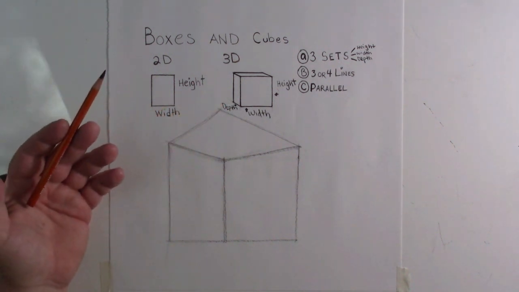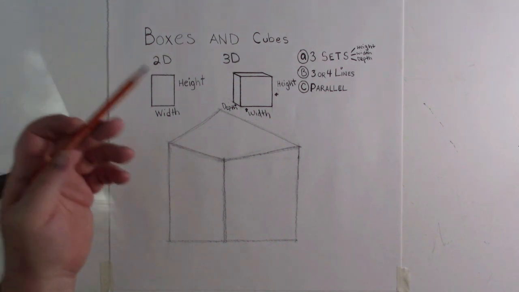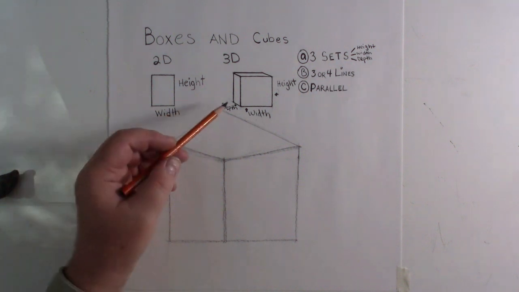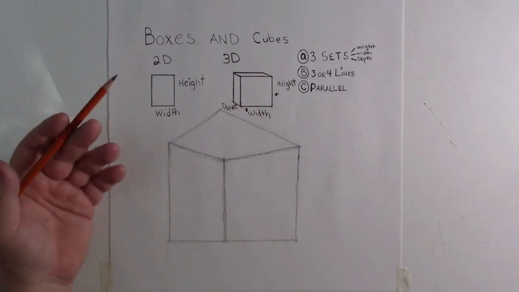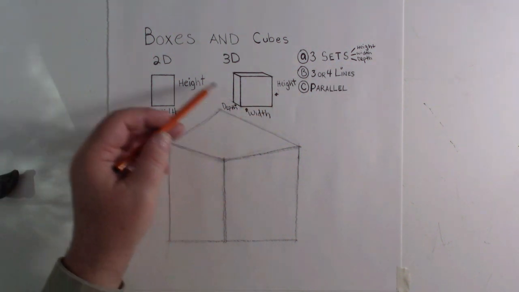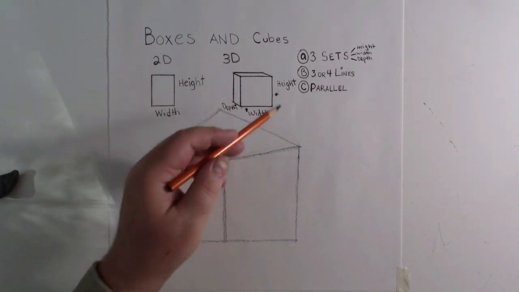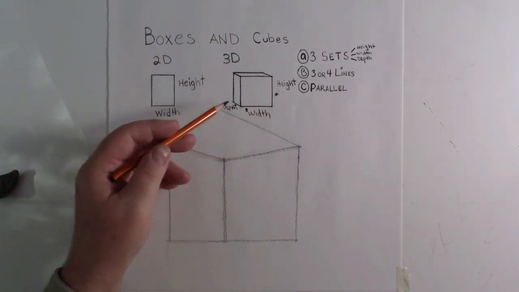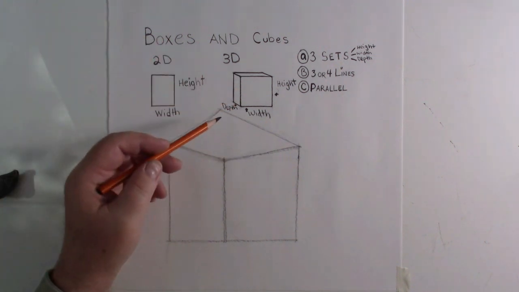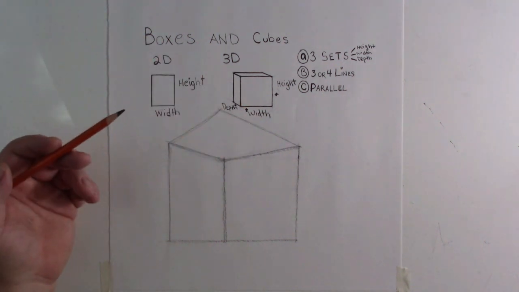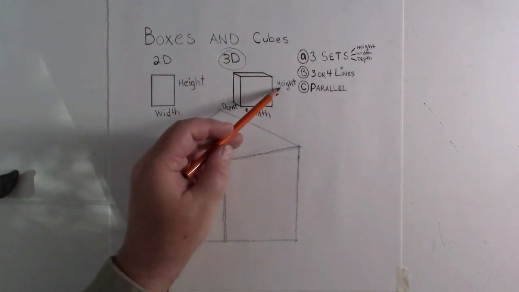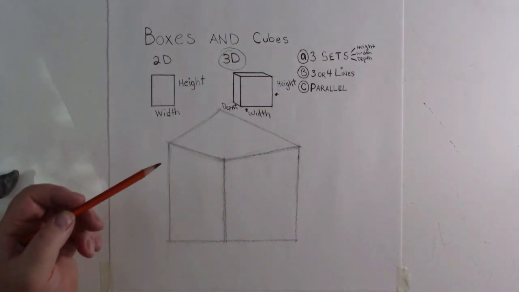Sometimes, if you're sending a UPS package, you'll see height, width, and length, which would still give you the depth. But I prefer to say height, width, and depth. Any sort of object that's 3D has height, width, and depth.